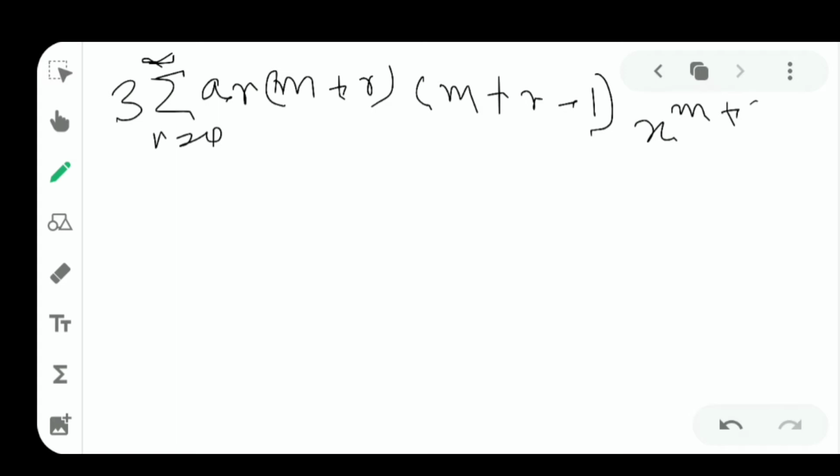This is possible when we multiply with x.